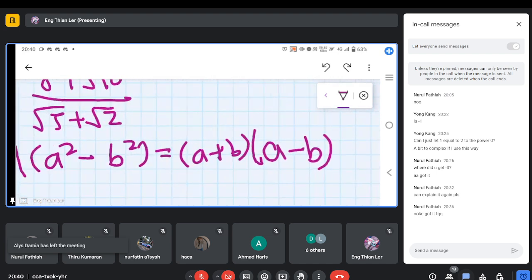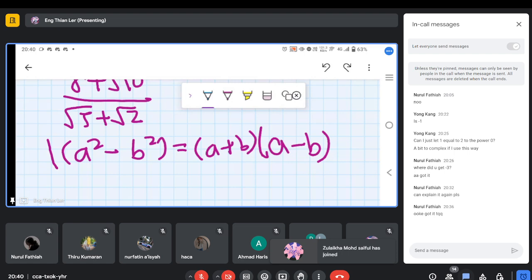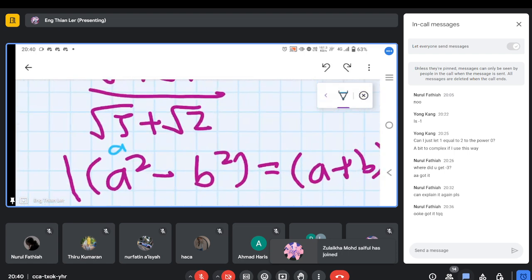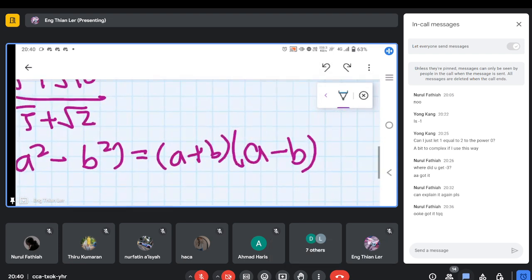You see, a plus b times a minus b. What is a depends; in this case this is a and this is b. The conjugate means the other sign. So if your number is this, the conjugate is this. I hope you're clear.